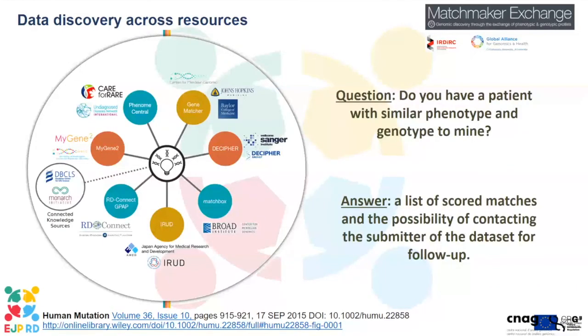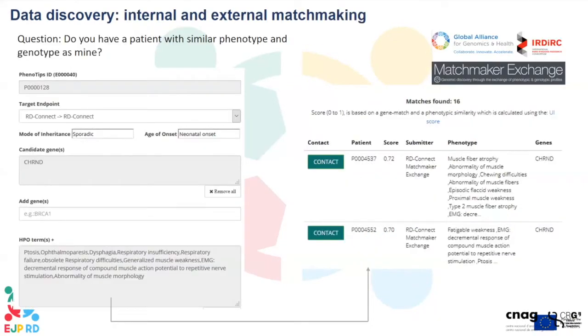As mentioned, we are part of the Matchmaker Exchange initiative for anonymized data discovery. So the system will enable you to know if there is a patient with a similar phenotype and genotype to yours in any of the other databases connected to this network. And here's just a screenshot of our platform. On the left, it's the form from one of the cases that you might have entered in the system.